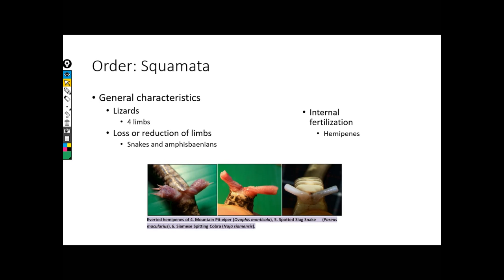So hemipenes are normally inverted inside the body unless they're being used. So these are everted, basically ballooned out, okay? Hemipene literally means having a dual penis, keeping in mind these both cannot be used at the same time. It just allows for increased frequency of use, right?